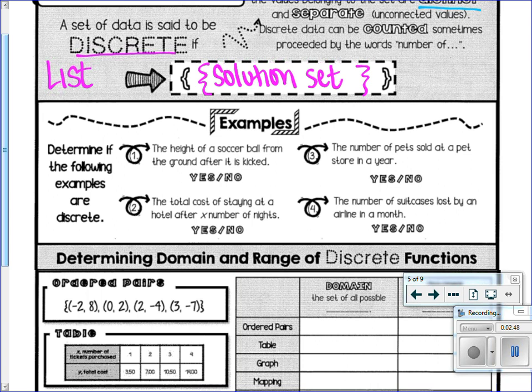If it can have decimals or things keep going, then it's continuous. Number 4: the number of suitcases lost by an airline in a month. Could you have part of a suitcase lost? No, so this is a discrete situation. Your graph would have whole numbers only for x values. So yes, this is discrete.